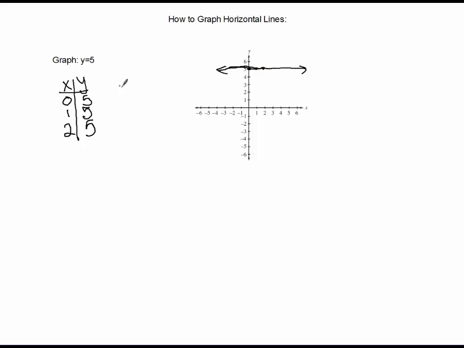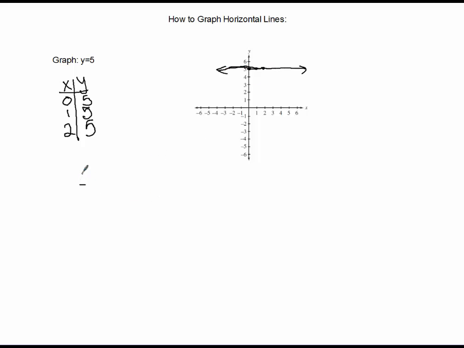So what will happen every time you end up with an equation that doesn't have a variable x, even if there's stuff around the y, like plus or something like that, once you isolate the y or get the y by itself, you'll see that the y is always restricted to be 5. And so if y is always the same, you do end up with this horizontal line.